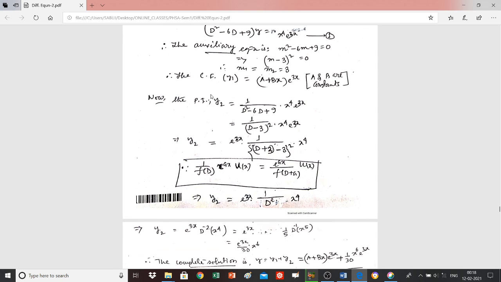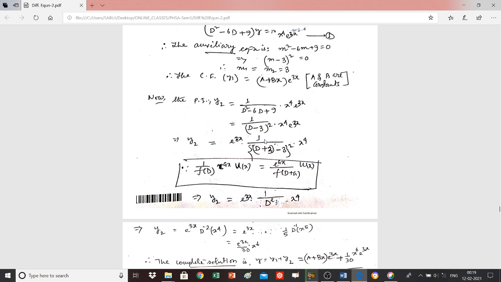Now the particular integral. The particular integral is equal to 1 by f(D) then the right hand side, that is x to the 4 e to the 3x. So that is 1 by D square minus 6D plus 9. Now you know that this has the form of 1 by f(D) e^(ax) times u(x), and you know that this is equal to e^(ax) by f(D plus a).